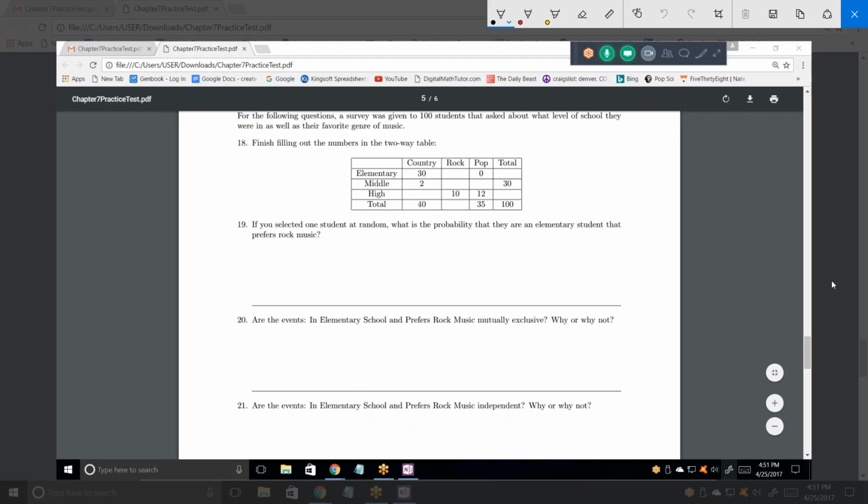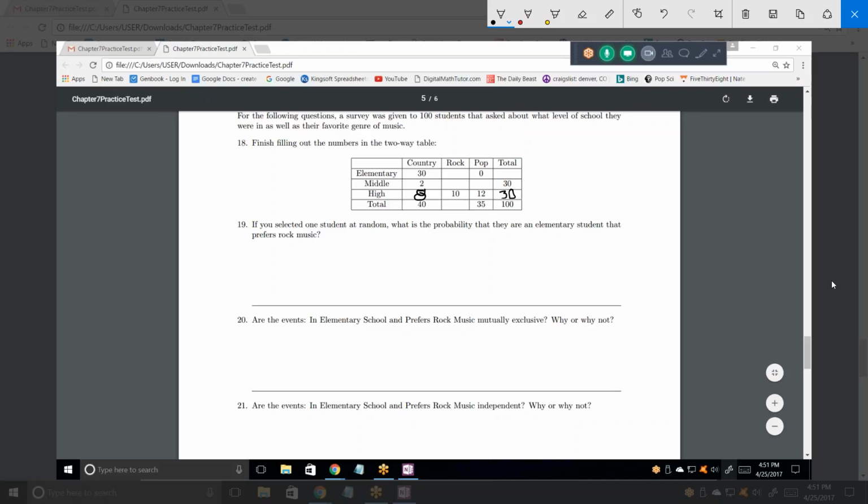So how can I finish filling out this table? 30 plus 2, and then you take the difference, like starting from get the total country listeners. What's this spot right here need to be? 8. Yeah, that spot's 8. Okay, and then go across, get the total? Yeah, so it's 30.